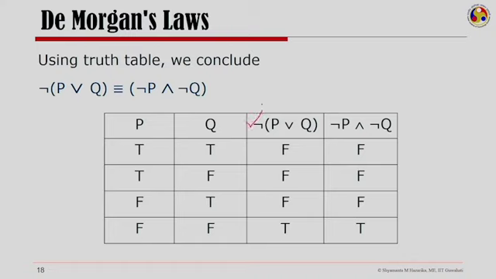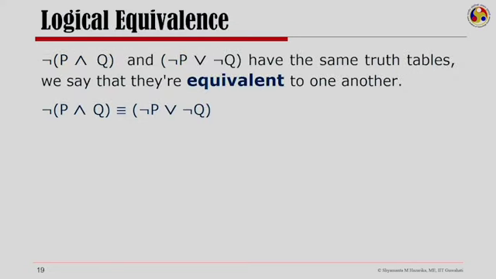And I will leave it as an exercise for the readers to figure out that these two propositional logic formulas are equivalent. Now, these two formulas, not of (P and Q) and not P or not Q, have the same truth values as we saw.